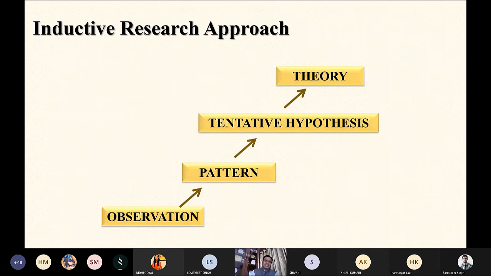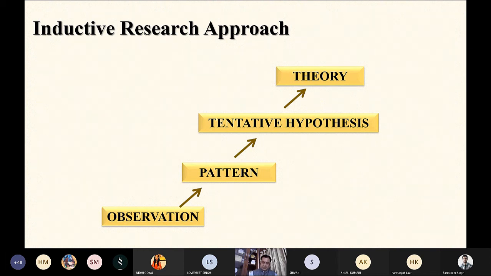The only concern is, before you start the research, you must be clear whether you are going to use the deductive research approach or the inductive research approach. Accordingly, you will decide whether to use a standardized or unstandardized scale.